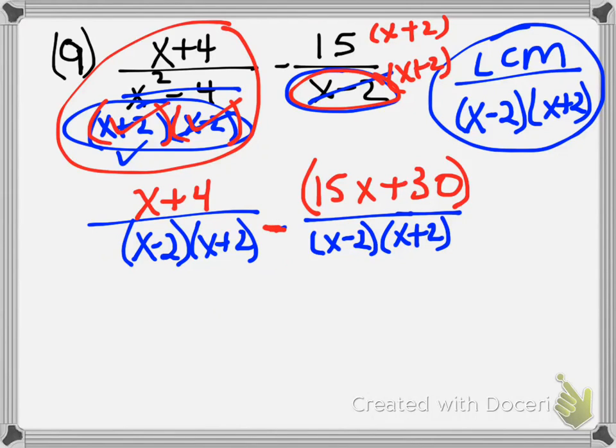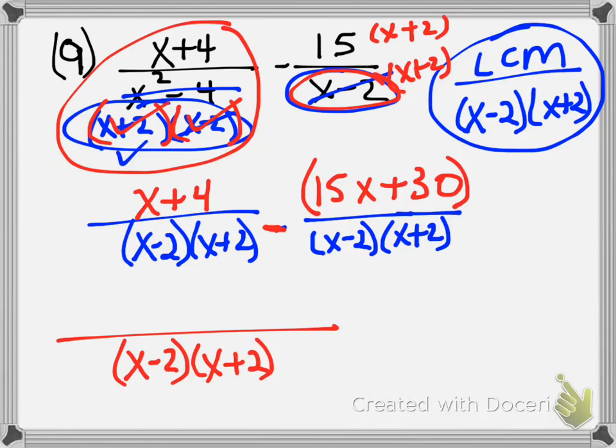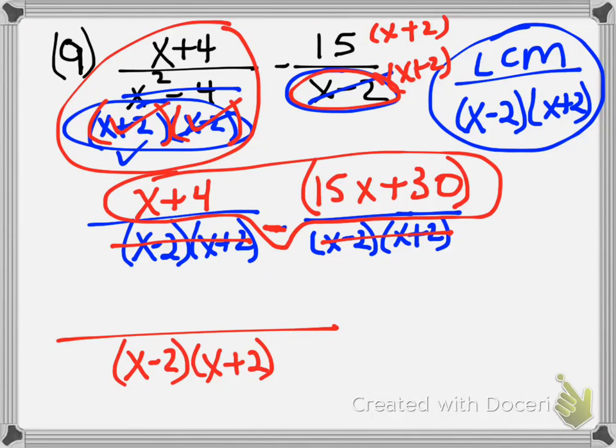So common denominator is x minus 2 times x plus 2, because that's what we had here and here, so we keep it, put it in the denominator. And now I'm going to subtract my numerators. So that's x plus 4 minus 15x minus 30, because the negative goes to both parts of my group.